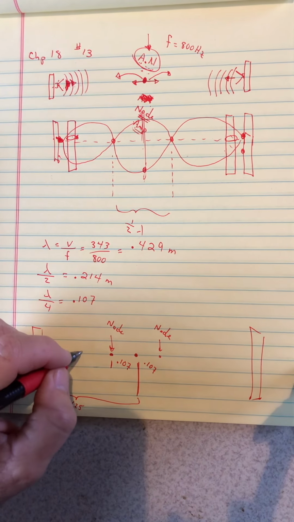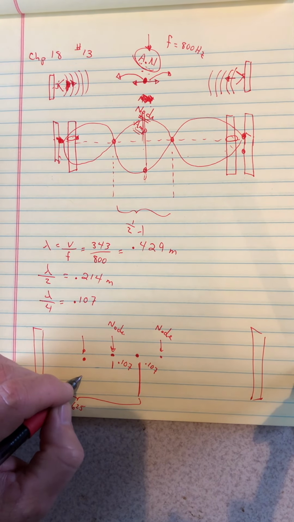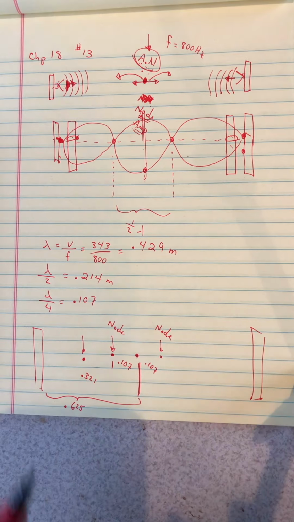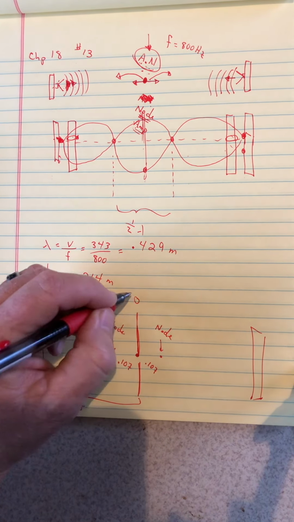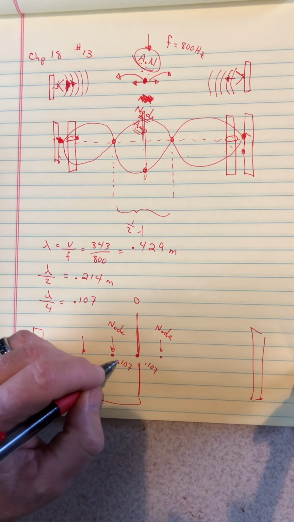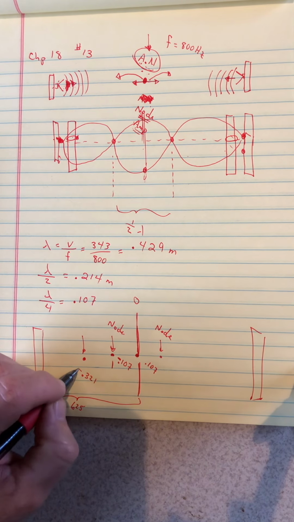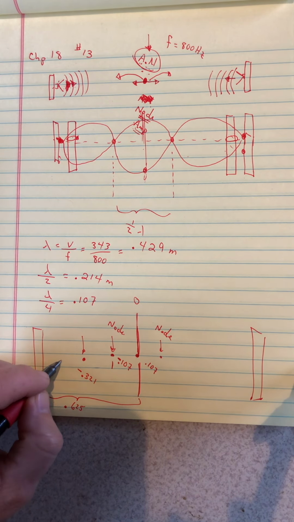See, so that comes out to be a total distance of 0.321, again, as measuring from the middle. So I'm going to call maybe the middle 0. So the first node would be at a negative 0.107. And the next node would be at a negative 0.321.